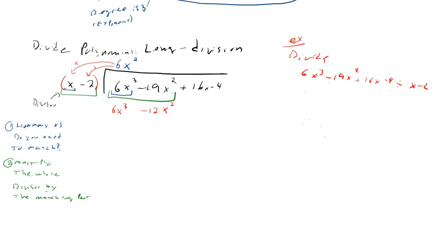I take those and subtract. Just like long division, you do your multiply. How many times? Multiply these, and then subtract.